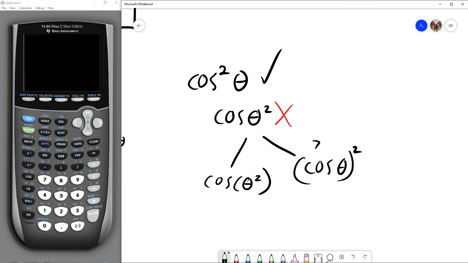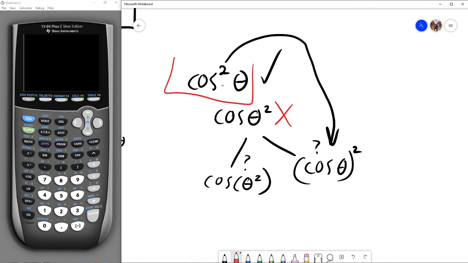It's ambiguous notation, so don't do it. Whereas this notation will always mean this one here. So write your answer like this. Do not do this, because if we mathematicians see this, we're probably going to think it's cosine of theta squared. So let's avoid that. Always write cosine squared theta like this, so we understand it.